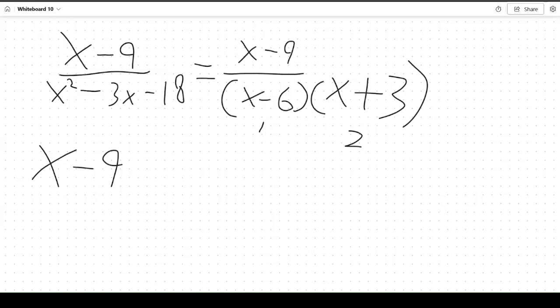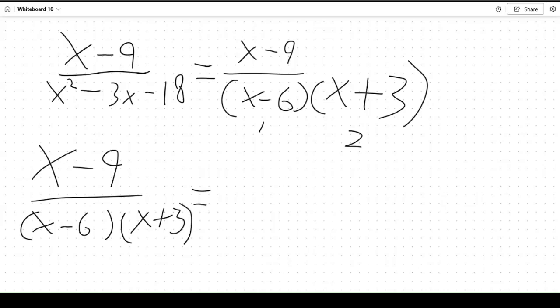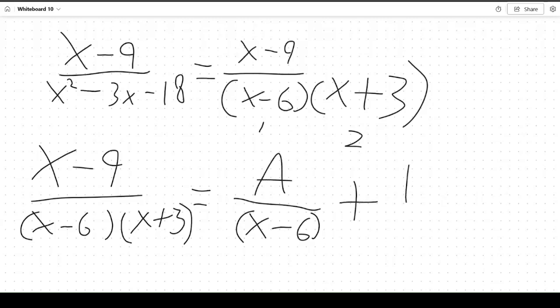So we just write it down. The first denominator would be, it's kind of like we're splitting it up, but not really. So this would just be A, plus, and the second denominator would be B.